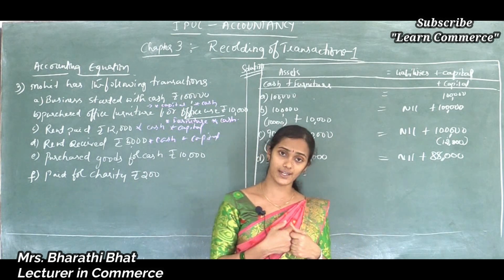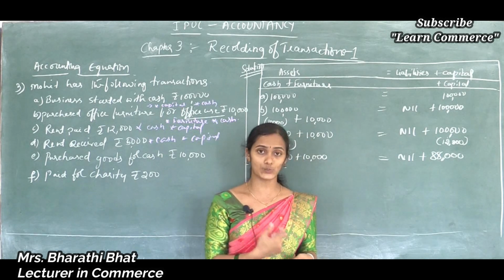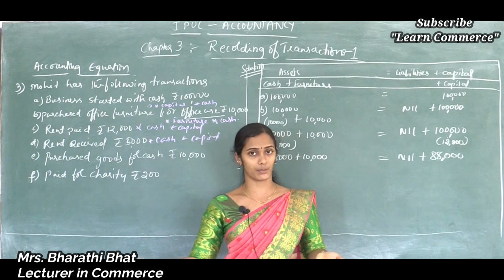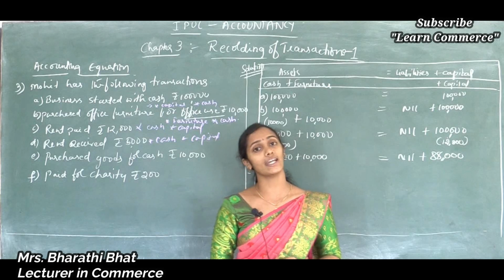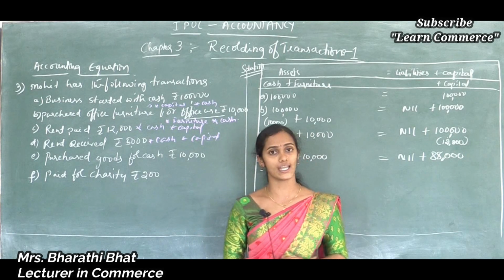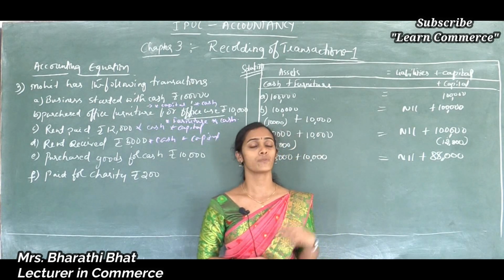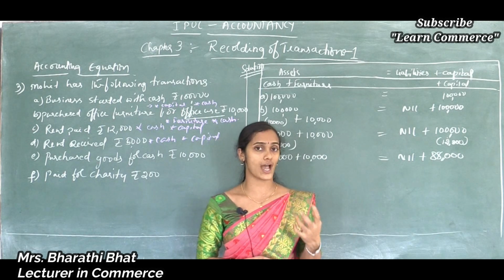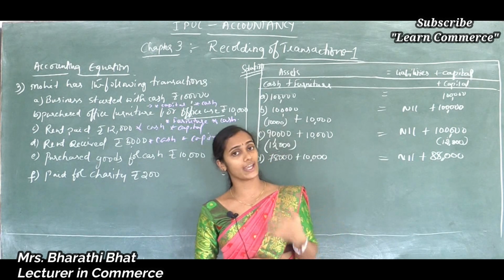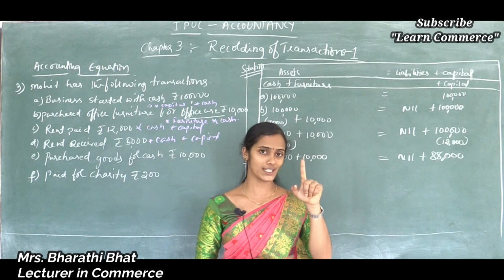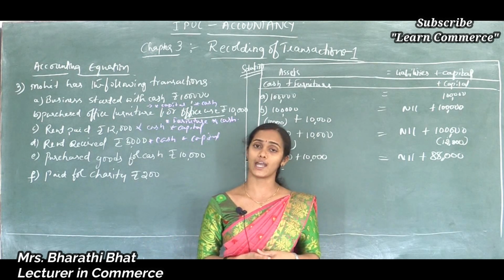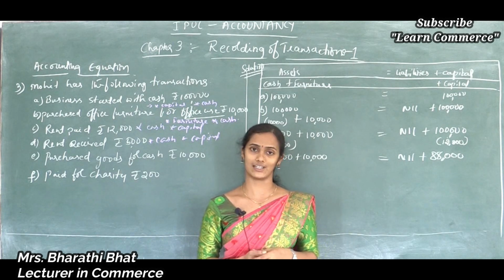When we received rent, commission received, interest received or any other dividend received, these are income, all considered as income to the business organization. So all these incomes affect cash and again capital. When cash has increased value, immediately capital also shows increased value.